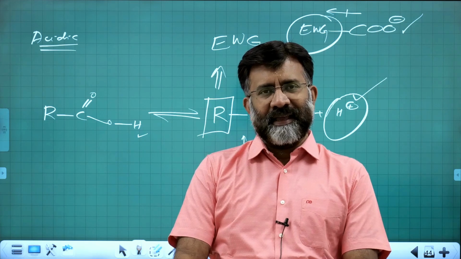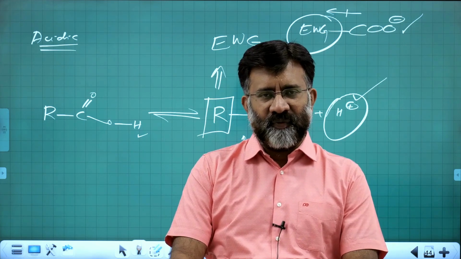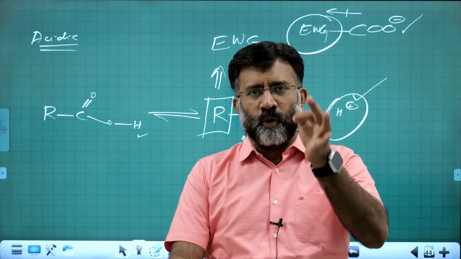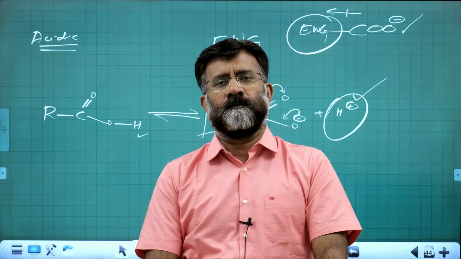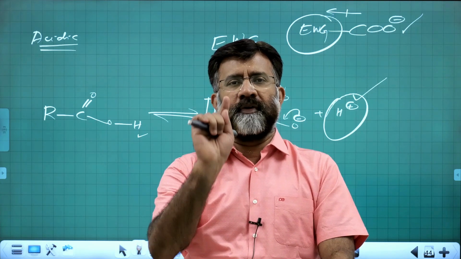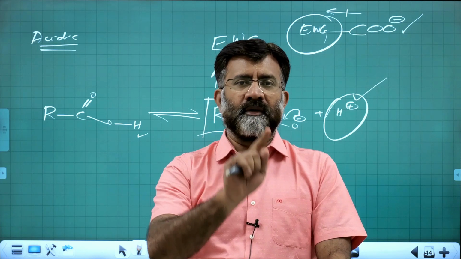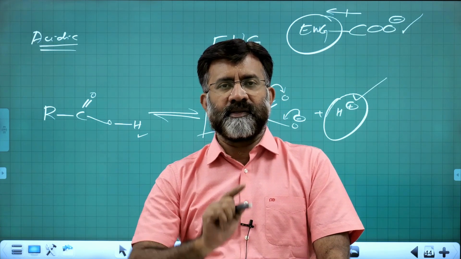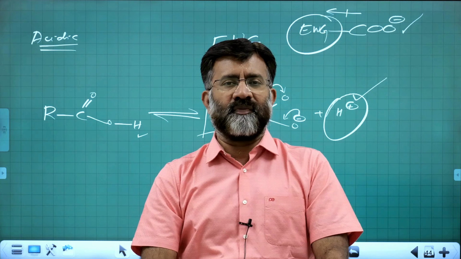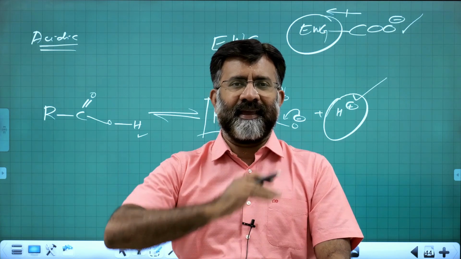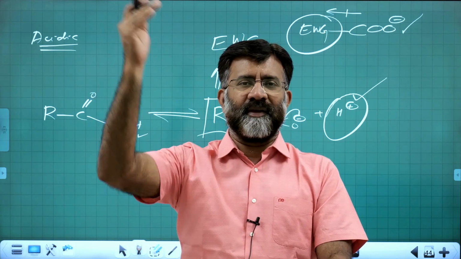So carboxylic acids are greatly acidic when there is an electron withdrawing group present. So the presence of an electron withdrawing group stabilizes the carboxylate ion and hence increases the acidic nature of carboxylic acid. Hence Ka will increase, pKa will decrease.